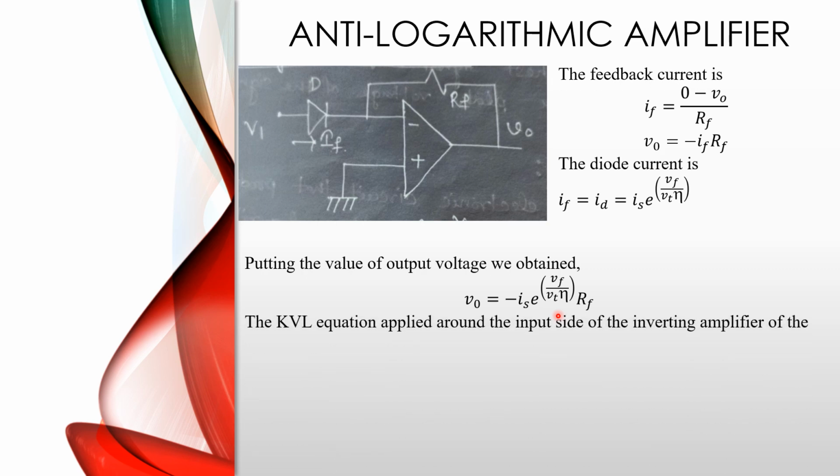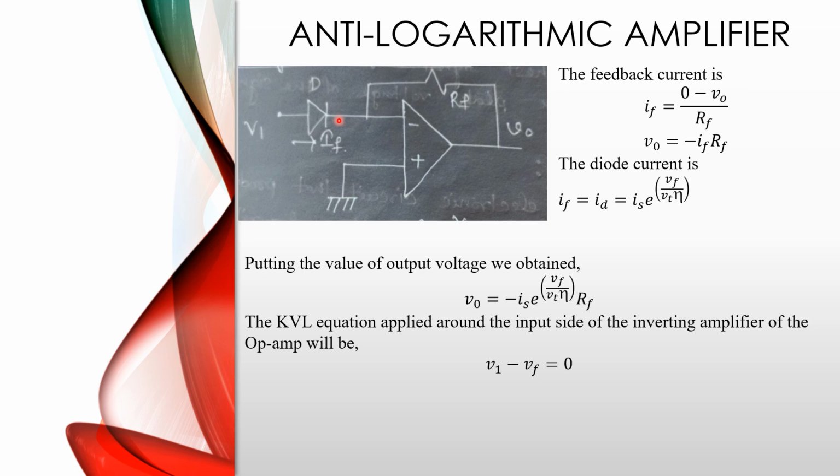So now the KVL equation applied around the input side of the inverting amplifier of the op-amp. So here what is the voltage? One is V1 voltage, that is the supplied voltage, and the other one is the diode voltage, that is Vf voltage.